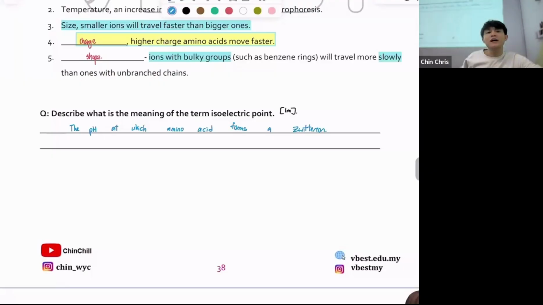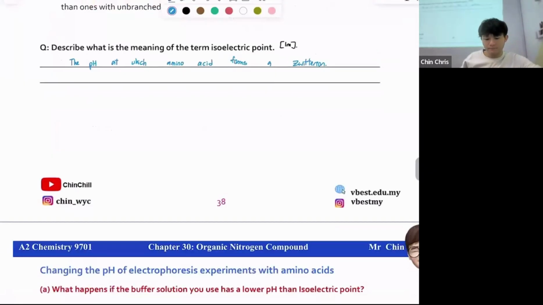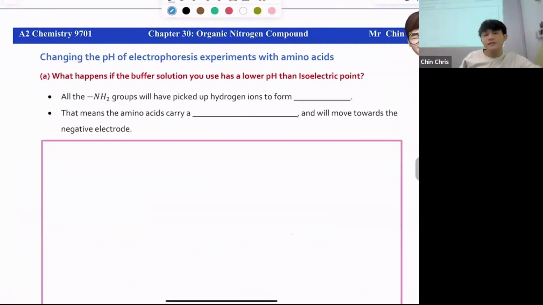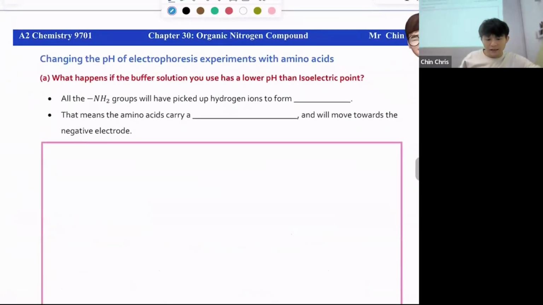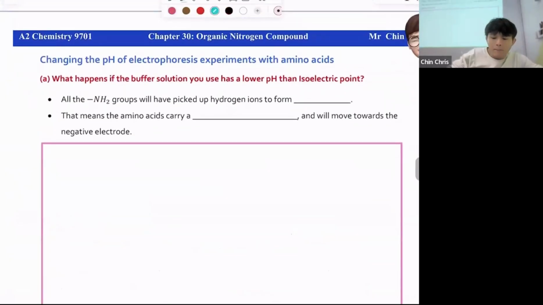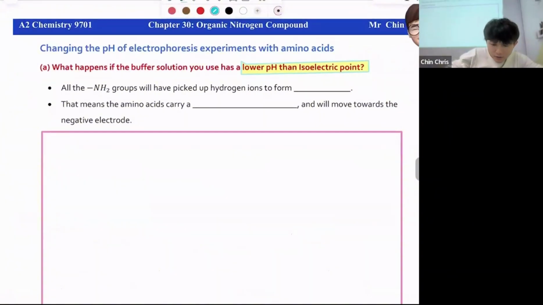Okay, guys, page 39. You see, right, guys, if we change the pH of the electrophoresis experiment with amino acid, for example, if you use a buffer solution that has a lower pH than your isoelectric point. So guys, what is lower pH?